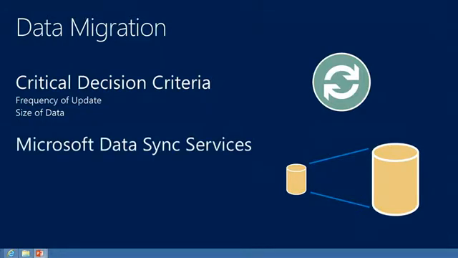So the first one was the Microsoft Data Sync Services. So this is a transactional-based update. It's really good for small amounts of data, but done very, very frequently. Okay? Now, ORC have a business requirement that they get updates for their river flows every 15 minutes.